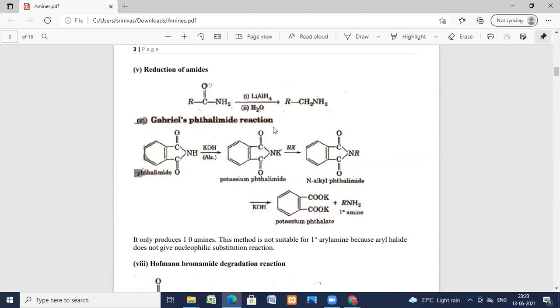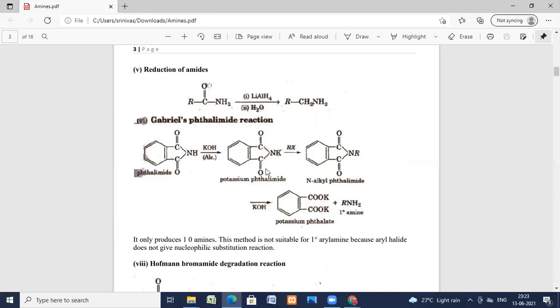Now, we'll see the Gabriel phthalimide reaction. This is phthalimide. Phthalimide on reaction with alcoholic KOH gives potassium phthalimide.